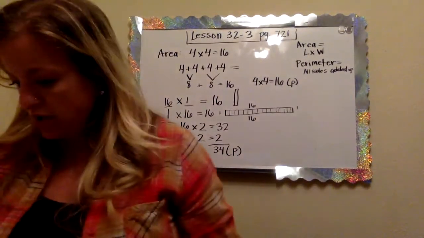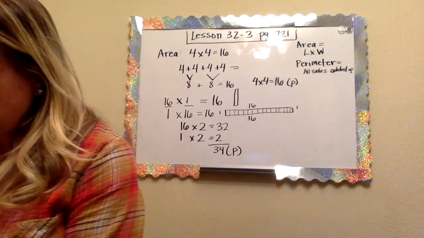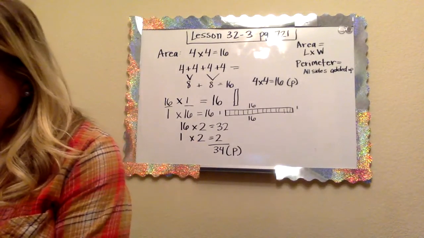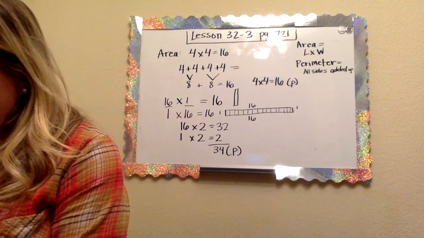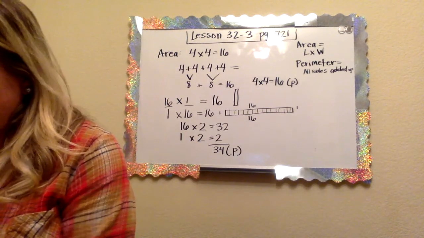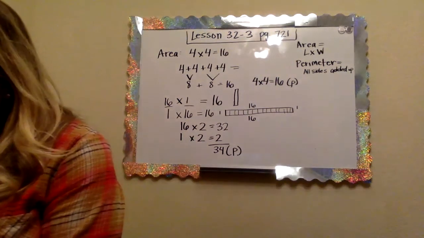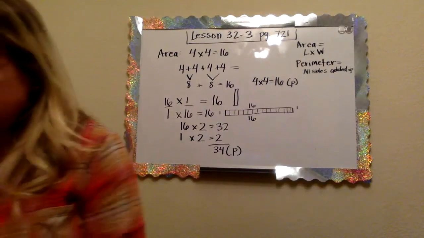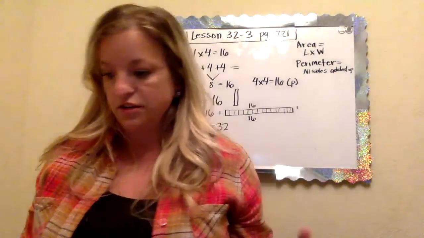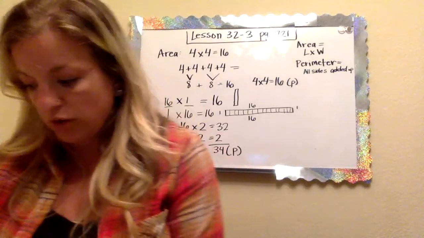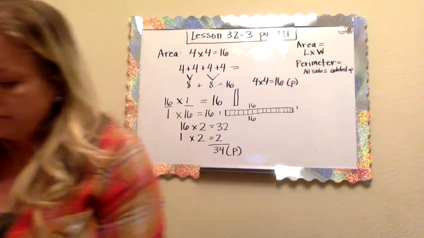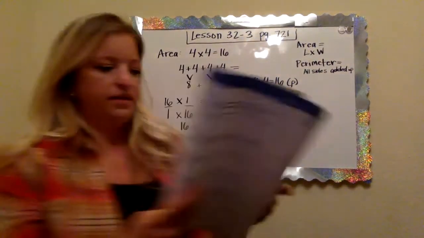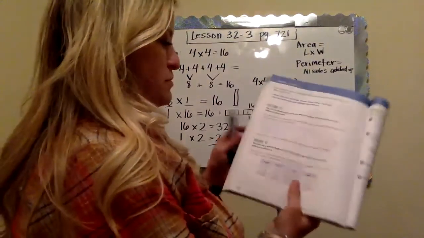On page 723, look at picture it. How can you tell the two rectangles shown have the same area as Emma's rectangle? Well, you can count the squares to see that they have an area of 16. There's really not a whole lot more to it. These rectangles, you can count them.